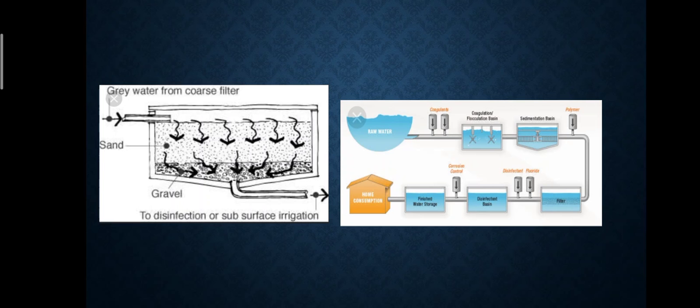The next is chlorination. Water chlorination is the process of adding chlorine or chlorine compounds such as sodium hypochlorite to water. This method is used to kill bacteria, viruses, and other microbes in water. Particularly, chlorination is used to prevent the spread of waterborne diseases such as cholera, dysentery, typhoid.